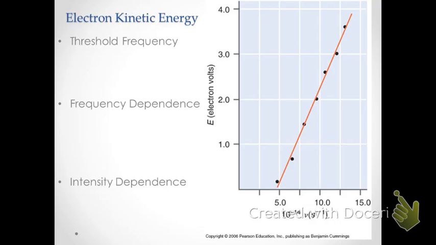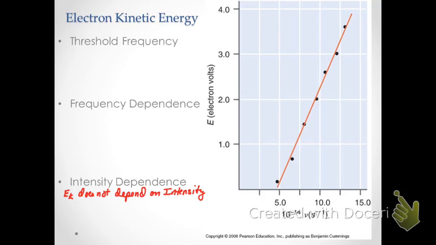The other thing to note is the intensity dependence of the ejected electrons. We'll see that the kinetic energy of these ejected electrons, as was noted here, depends on frequency, not on the intensity or, again, the amplitude of the wave. The intensity of a wave is actually related to the square of the amplitude of the wave.